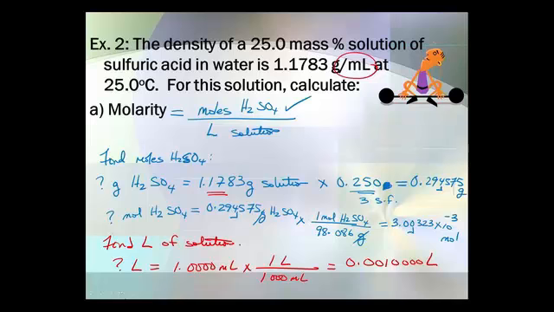And finally we can find the molarity. Coming back up here and substituting because now we have both terms.